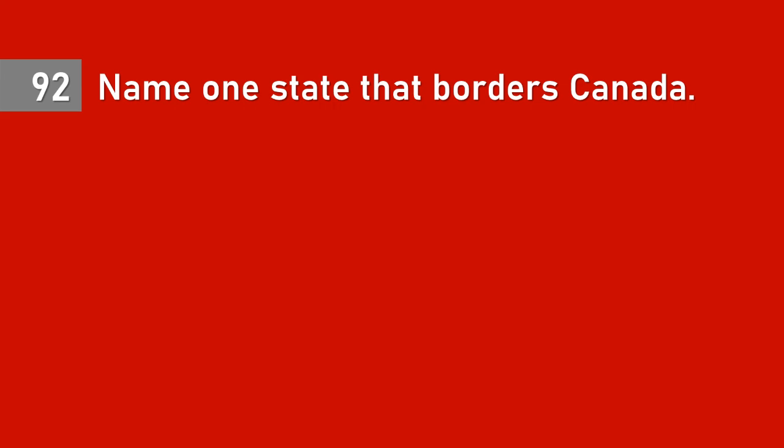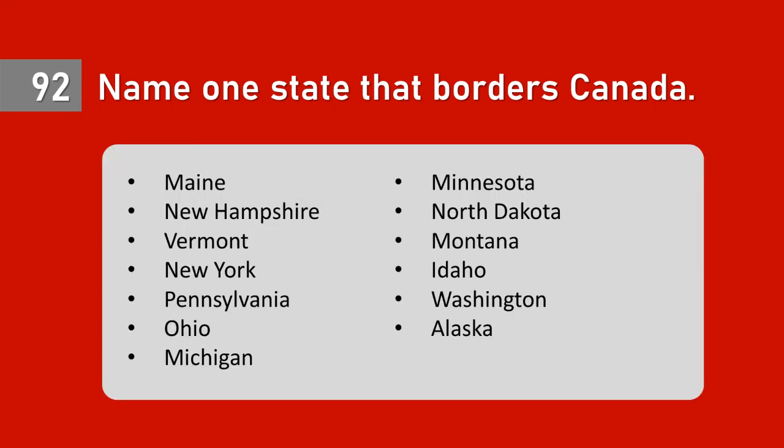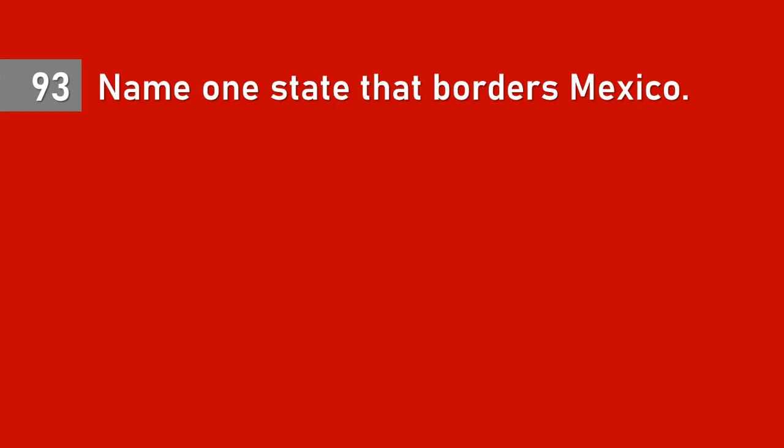Question 92. Name one state that borders Canada. Maine, New Hampshire, Vermont, New York, Pennsylvania, Ohio, Michigan, Minnesota, North Dakota, Montana, Idaho, Washington, Alaska. Question 93. Name one state that borders Mexico.